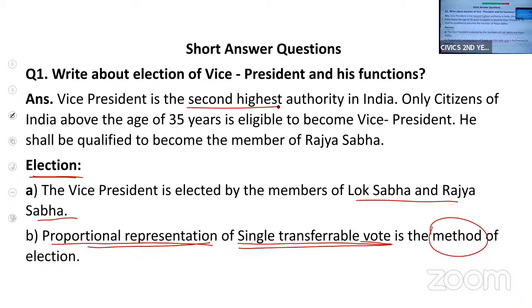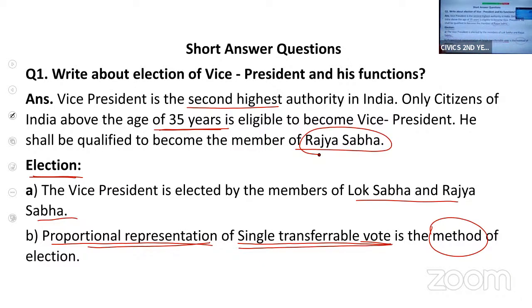Only a citizen of India who is above the age of 35 years, and he should possess the qualification to become a member of Rajya Sabha. Foreigners cannot become the vice president.